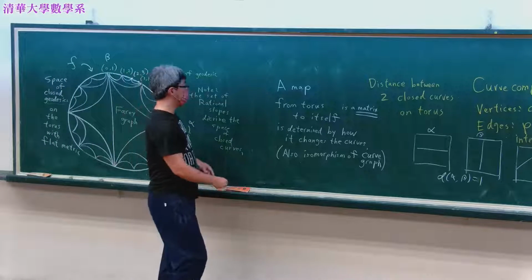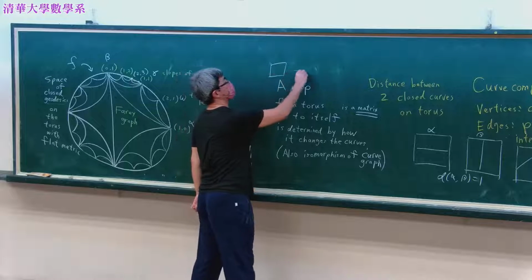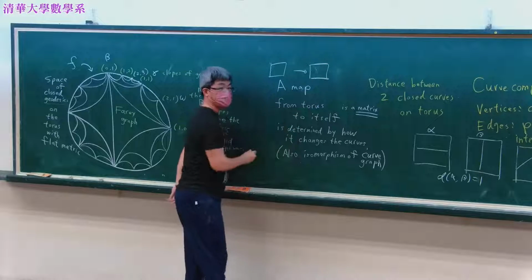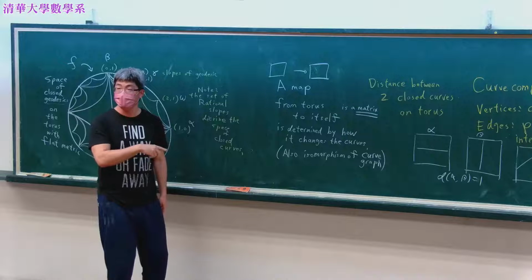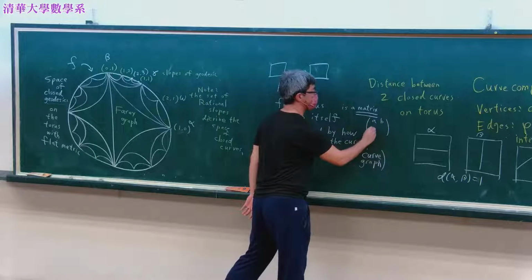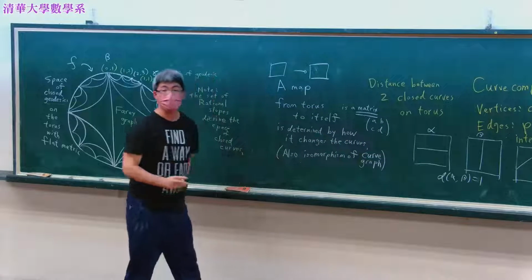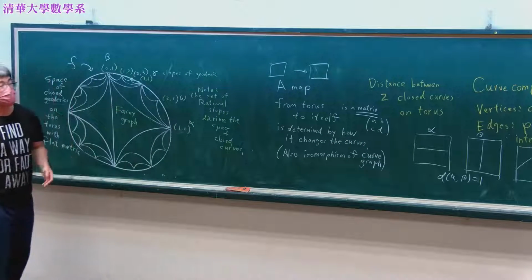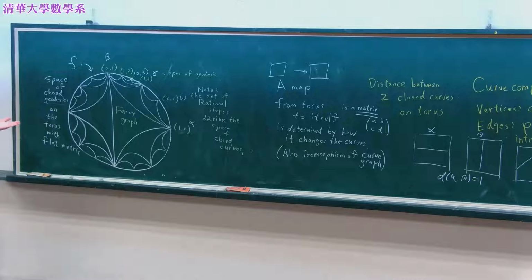If you want to talk about how the square gets mapped to the square, and straight lines are mapped to straight lines, then you end up getting just a nice little matrix A, B, C, D. And the storyline in this approach says that the eigenvalues of this matrix tell you exactly the behavior of how it looks on the graph, how it looks on the picture, or what period the map would be. So that's one side of the story.